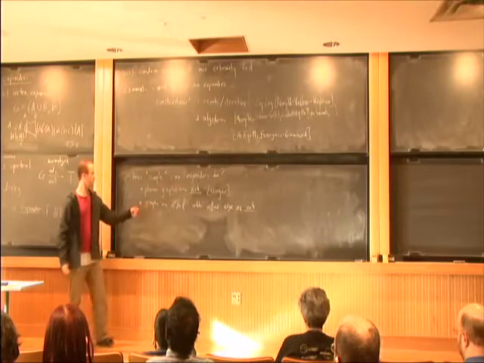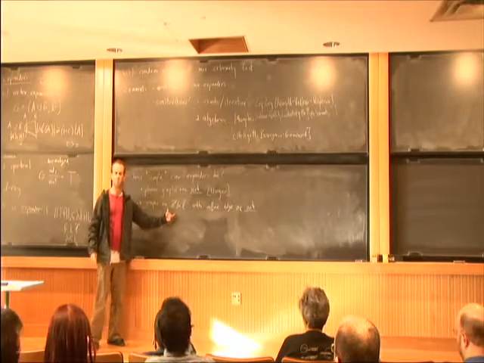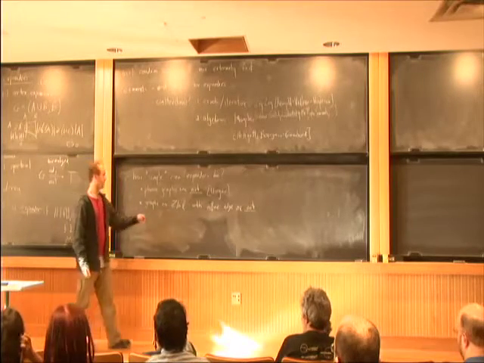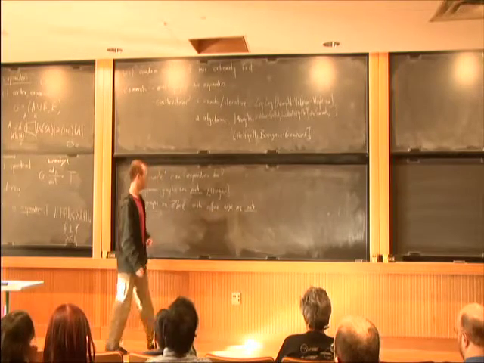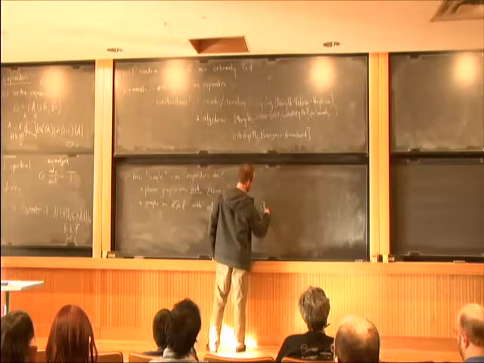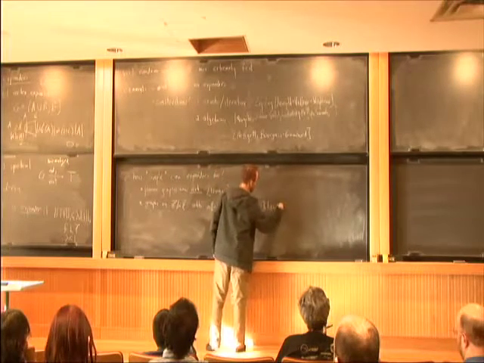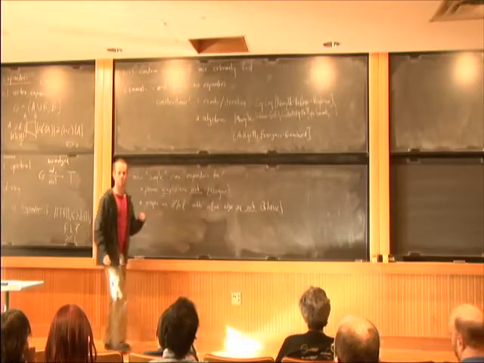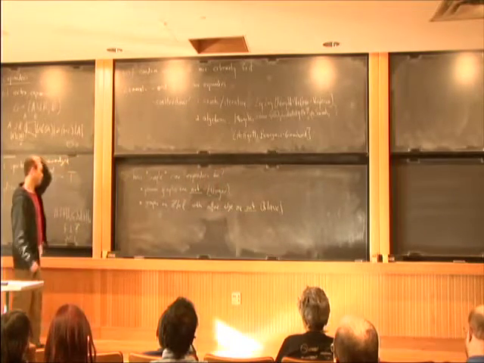Graphs on the group Z modulo NZ with simple edges cannot be expanders as well. This was proved by Klawe. And everything I talk about is constant degree.